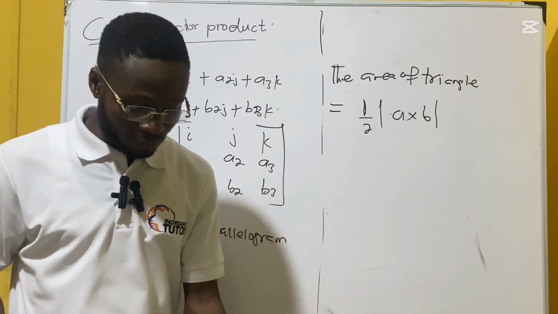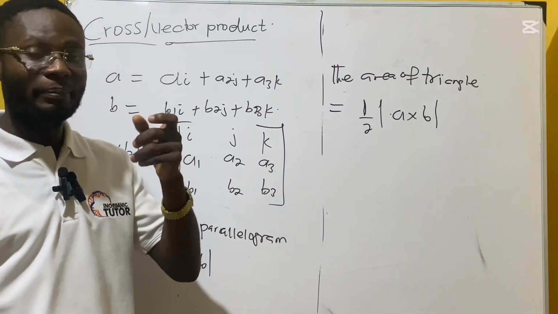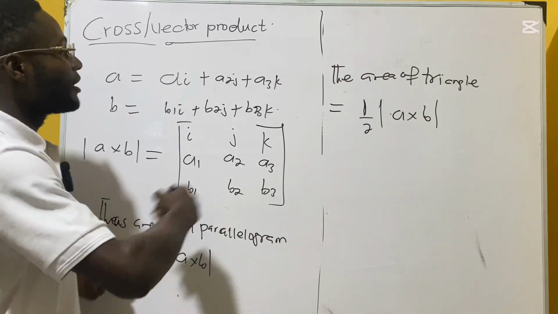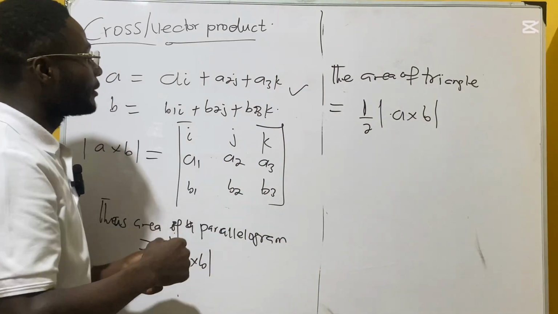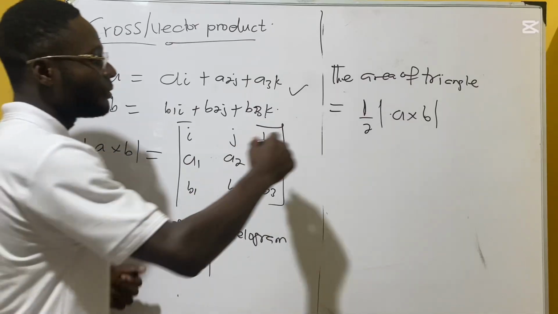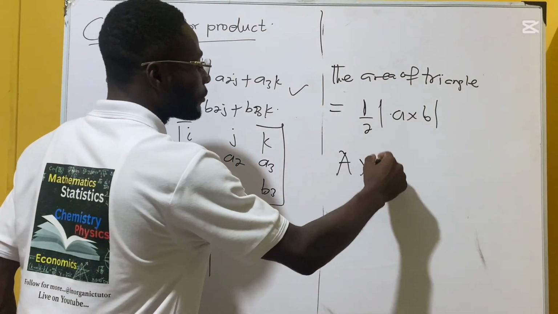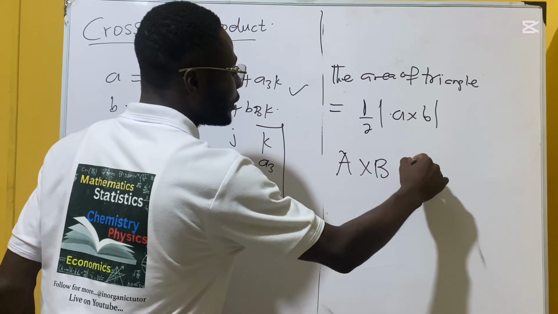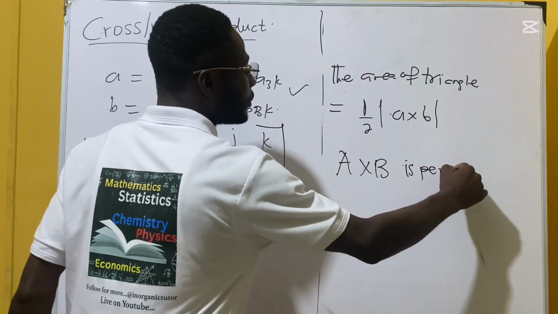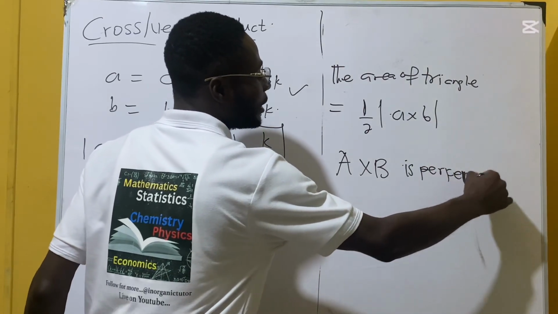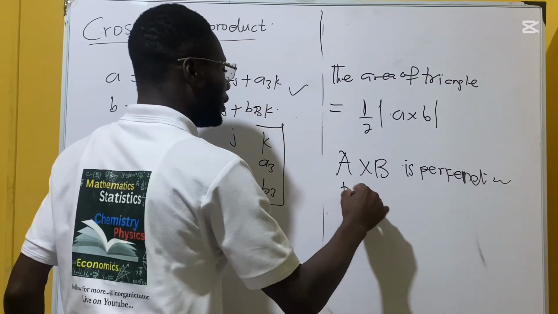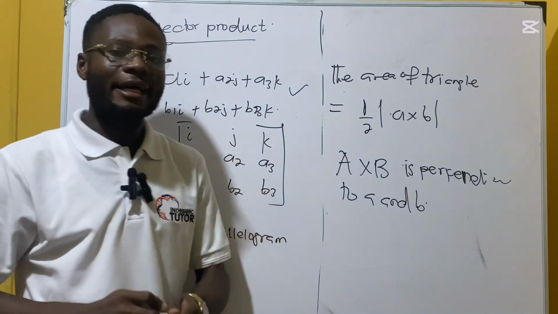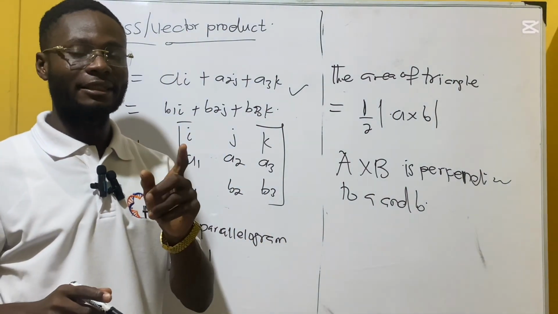Note this very well. a cross b is perpendicular to a and b. That happens. a cross b is perpendicular to a and b, meaning the angle between them is 90 degrees.